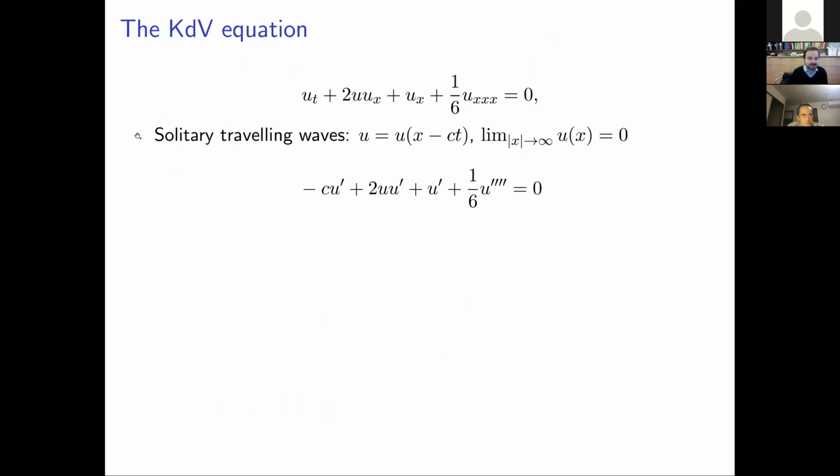If we look at its traveling waves, let's say solitary, it could also be periodic, but then there is an additional integration constant, which I set to 0 here. Then you get a simple ODE, and this ODE has only smooth solutions. So you cannot get a similar highest wave with a corner.